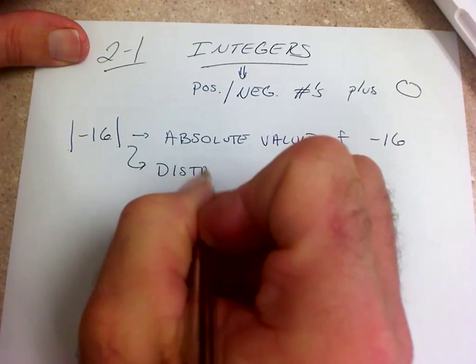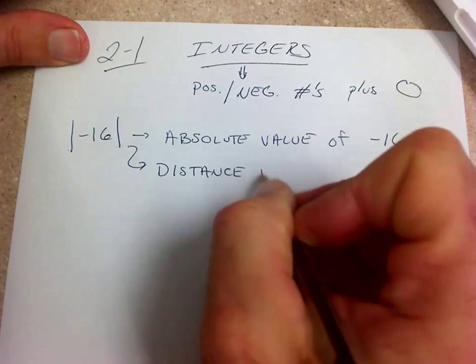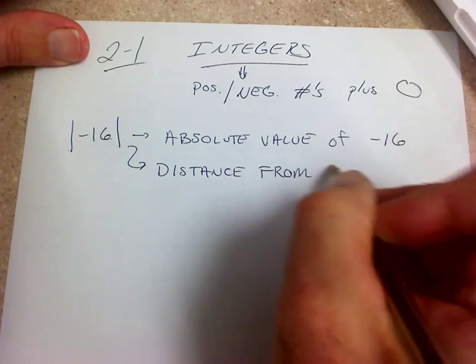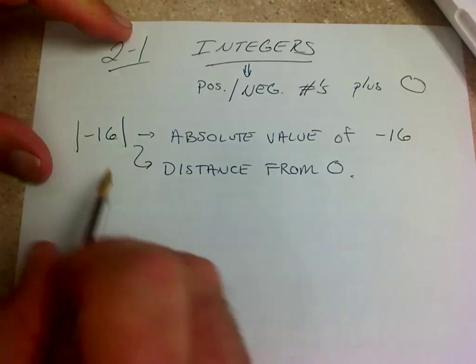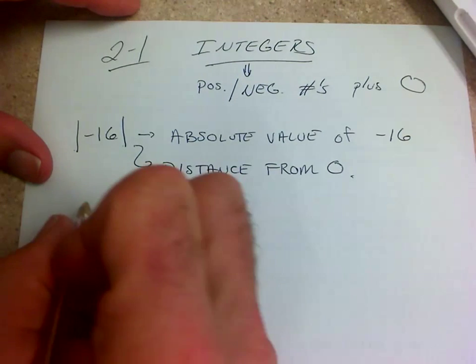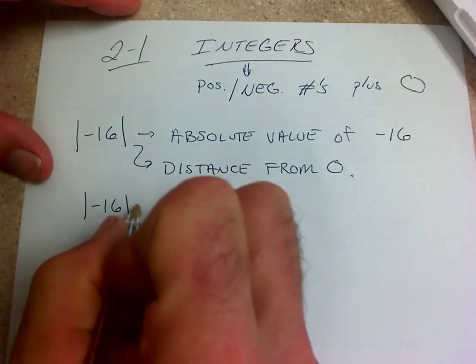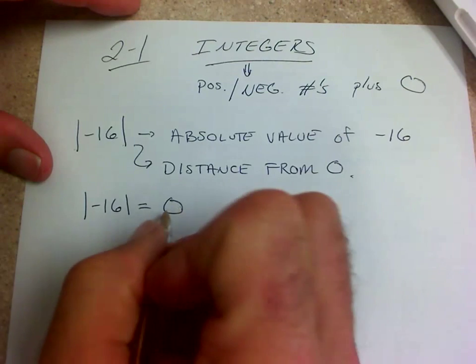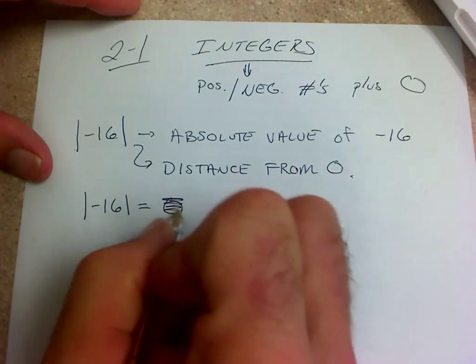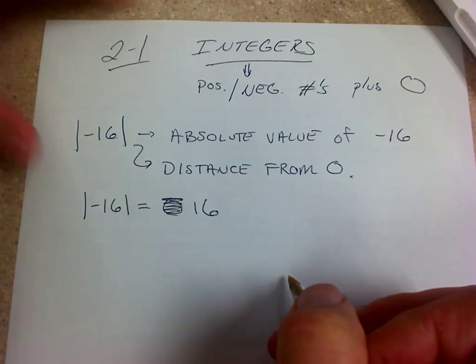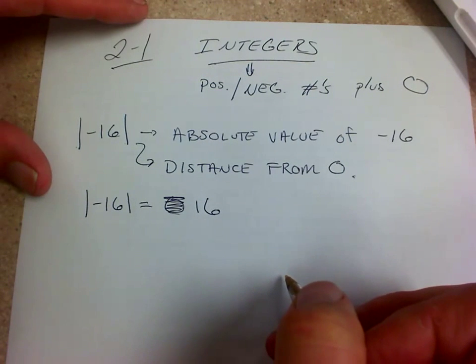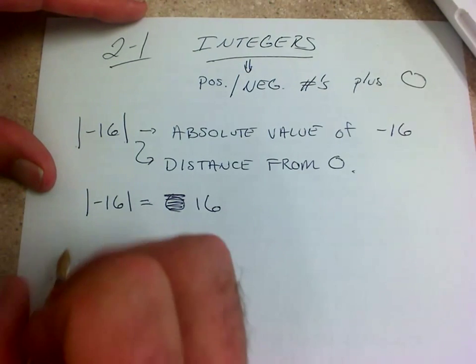Definition: distance from 0. In our calculations, the absolute value of negative 16 is asking how far this is away from 0, and it is 16 units away from 0. So the answer would be 16.